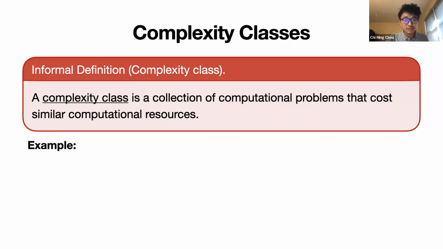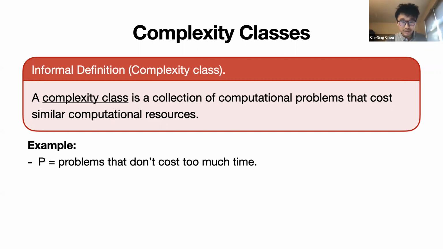For example, if we use our favorite computational resource, time, then we can define this complexity class called P, which is defined as the collection of computational problems that don't cost too much time. And here I intentionally use a vague term, don't cost too much time, and I'll explain what I mean in the next slides.